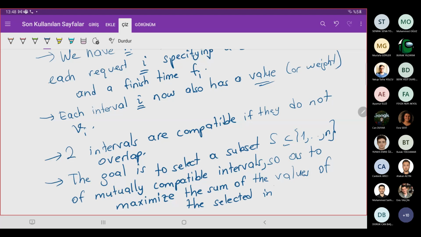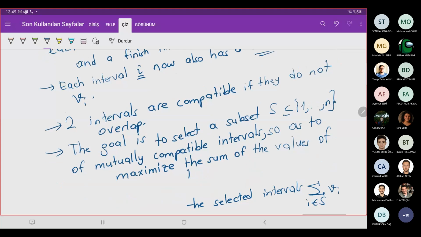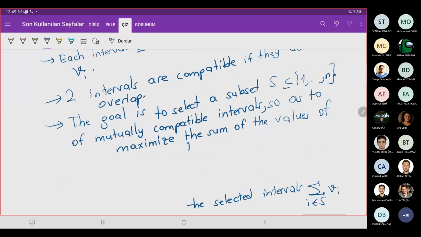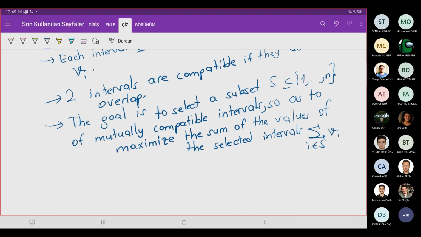So it's like I want to maximize my profits, kind of, okay? The sum over I in S of VI. I want to select intervals so that they do not overlap in time, and the total value of the intervals that I selected is maximized among all possible selections, okay?